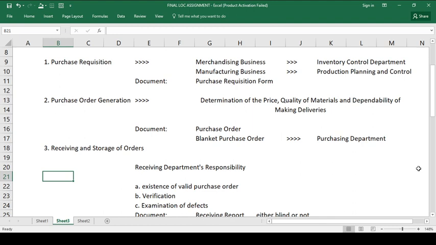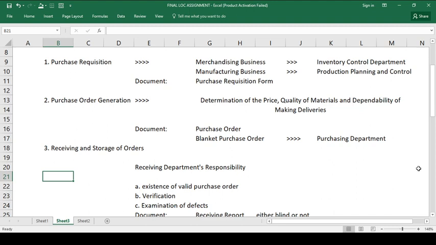The next responsibility of the receiving department is the verification. So, verification in a sense that, considering there is a valid purchase order na pinakita, or meron kang hinahawakan na valid purchase order.